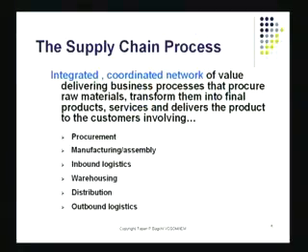This distribution also has to be planned in an optimal manner. Then, of course, you've got outgoing logistics, which is shipping everything out, the finished product, to the customer, to the ultimate user. These steps: procurement, manufacturing, assembly, inbound logistics, warehousing, distribution, and outbound logistics.